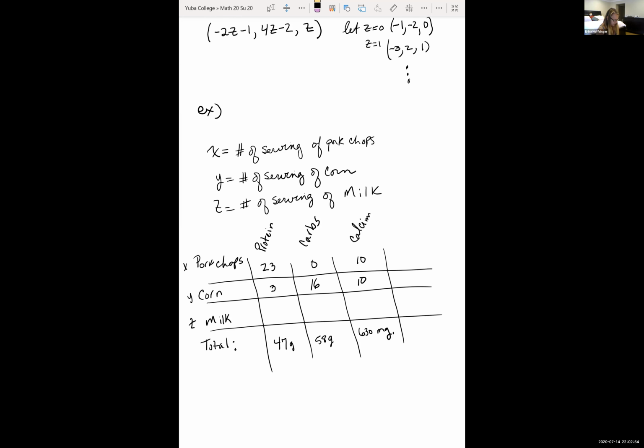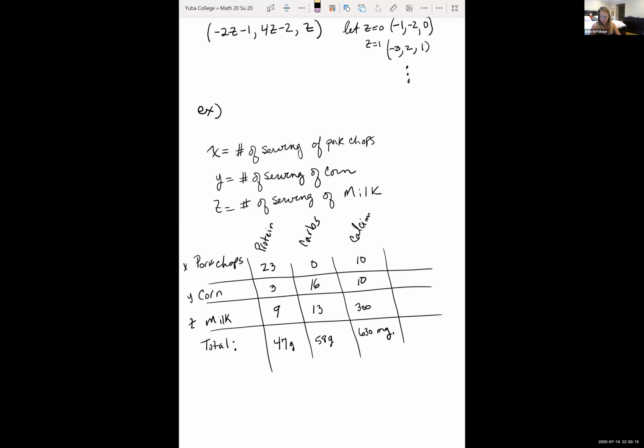And each glass of milk has 9 grams of protein, 13 grams of carbohydrates, and 300 milligrams of calcium.